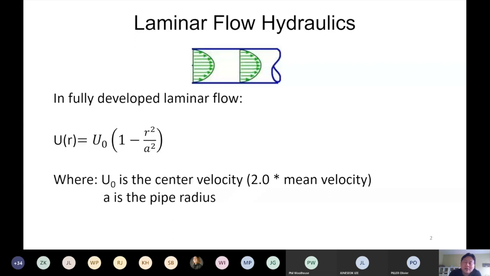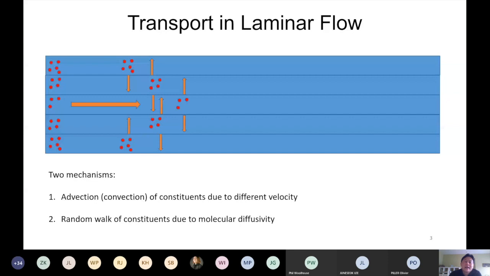The center velocity, basically the maximum velocity, is 2 times the mean velocity. So this is basically the basic hydraulics of laminar flow. And let's think about the transport in laminar flow.